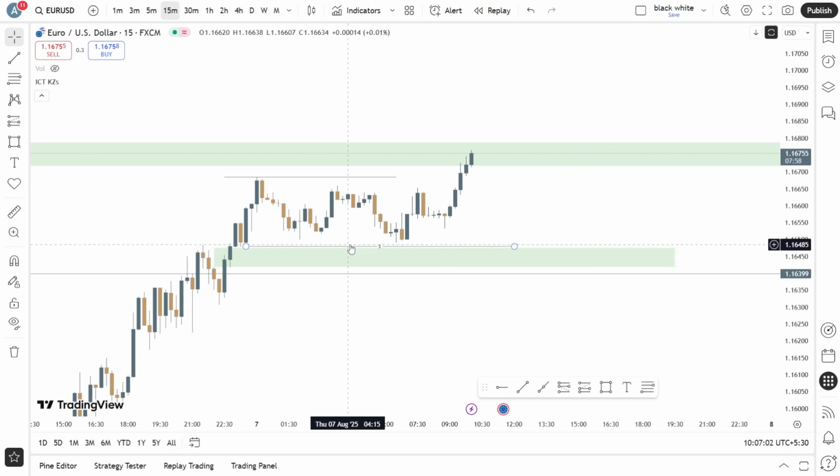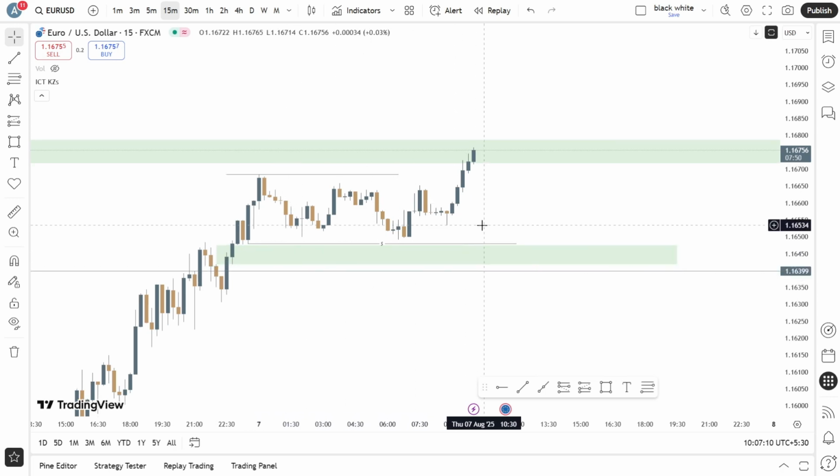Apart from that, the price over here too is having FVG left. So this could be a reason for the price to come down, and I'll be waiting for the price to come down, and we are going to take entry over here, if the market fulfills our entry criteria.